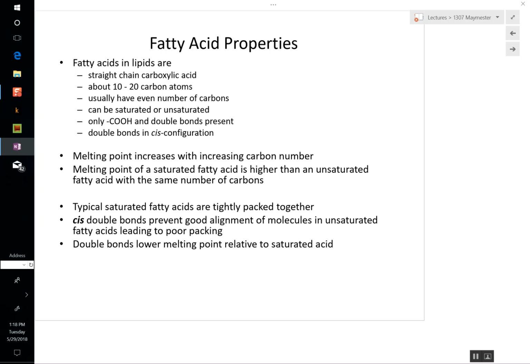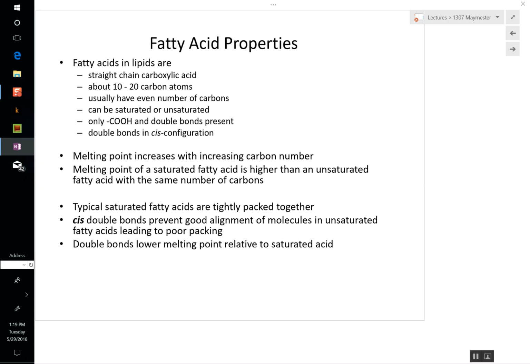And then I want you to understand something interesting here. The melting point of this versus this are very different. They've got about the same molecular weight. This is a solid at room temperature. This is a liquid at room temperature.